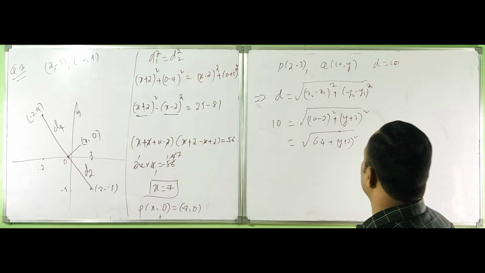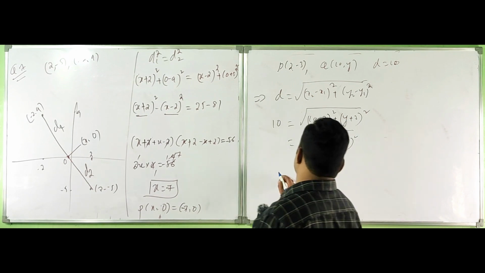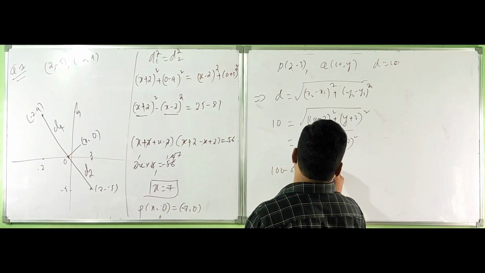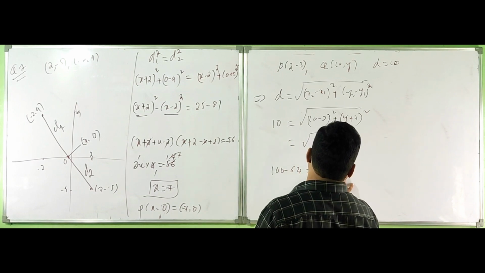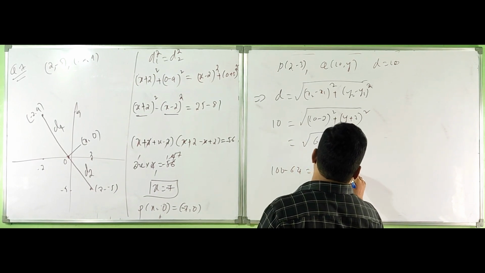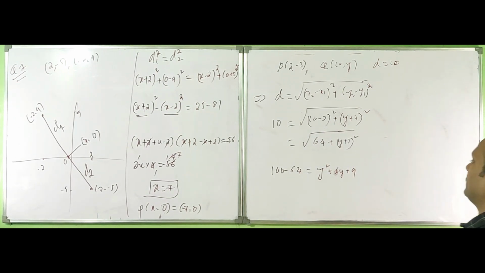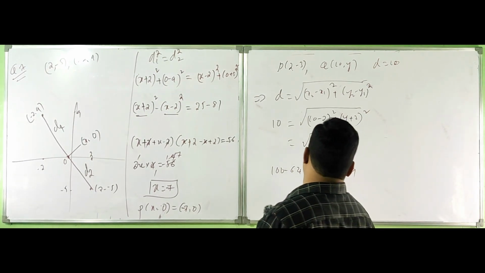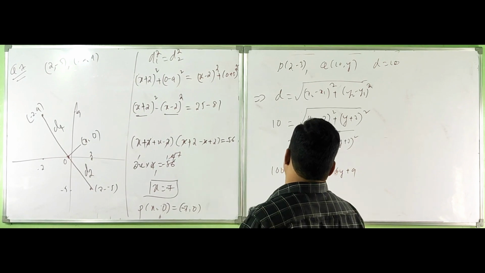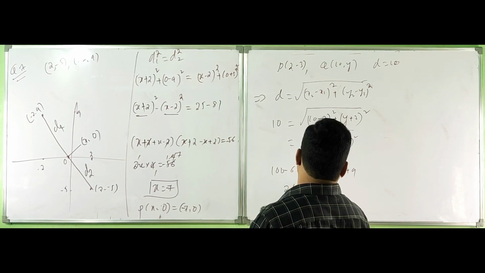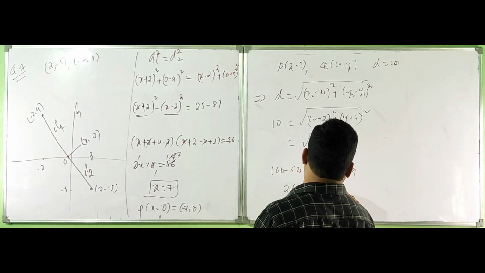Square on both sides. You will get 100 minus 64 is equal to y square plus 6y plus 9. Expansion, right? This gives 36 equal to y square plus 6y plus 9.